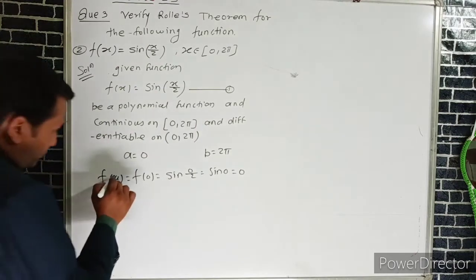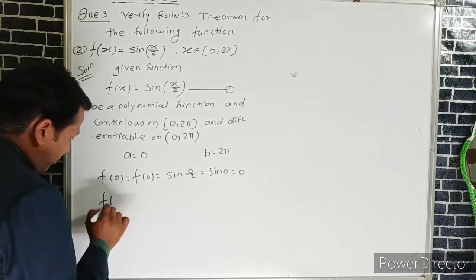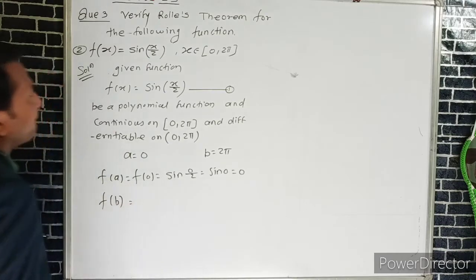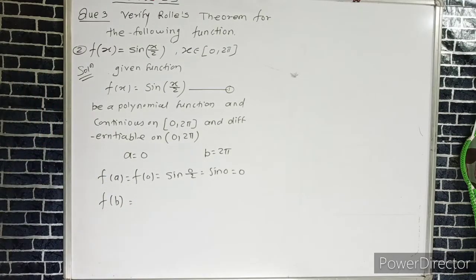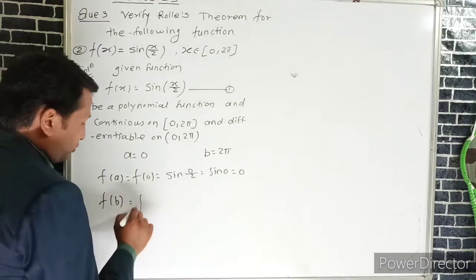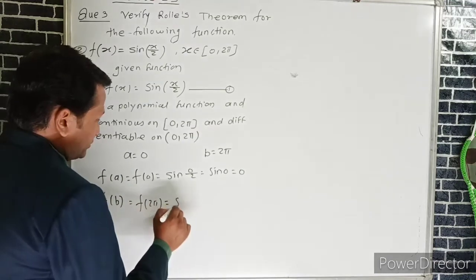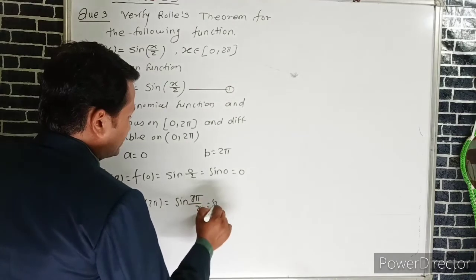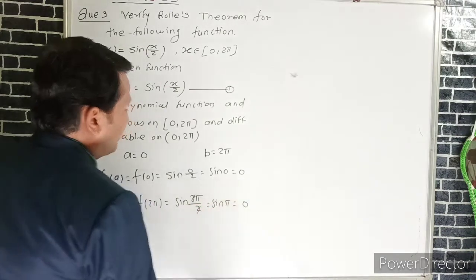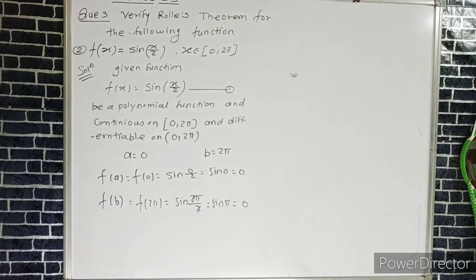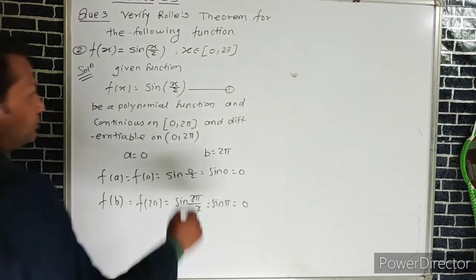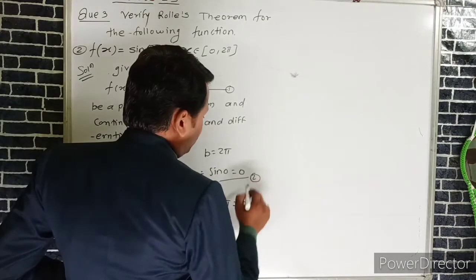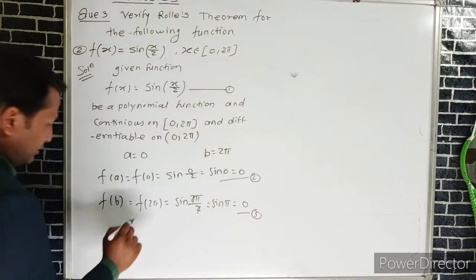Again we find f of b when b is equal to 2 pi, which is sin of 2 pi upon 2, the 2 gets cancelled, sin pi, and again the value of sin pi is 0, which is equation number 3.